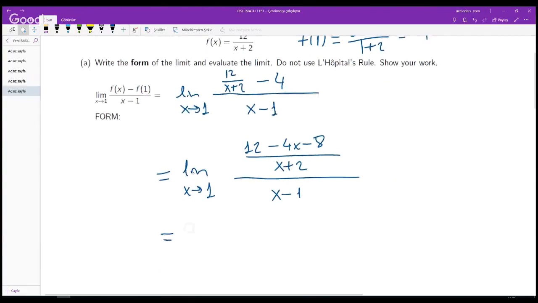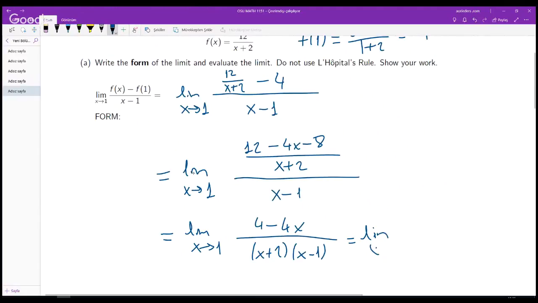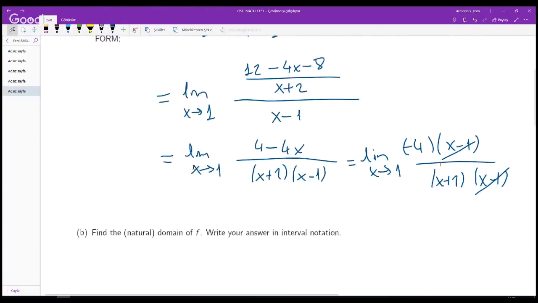And I have 4 minus 4x over x plus 2 times x minus 1. And that is 4 times (1 minus x) over x plus 2 times x minus 1. And these cancel out, and we have minus 4 over x plus 2, which gives us minus 4 over 1 plus 2, which is minus 4 over 3.